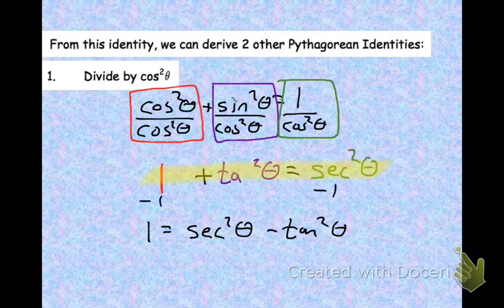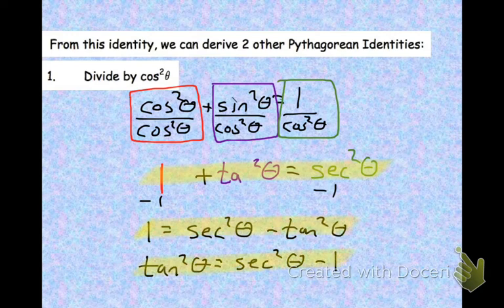So your other one would be tan squared theta equals secant squared theta minus 1. So now you have two other identities, which, if you remember those, fantastic. If you don't, there are other ways to work around it.